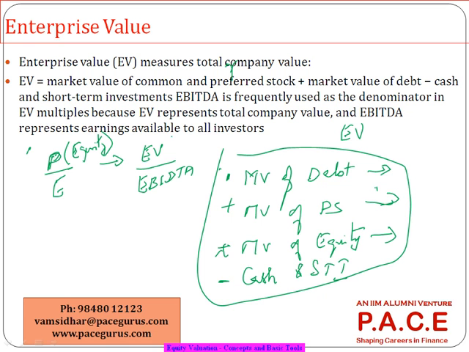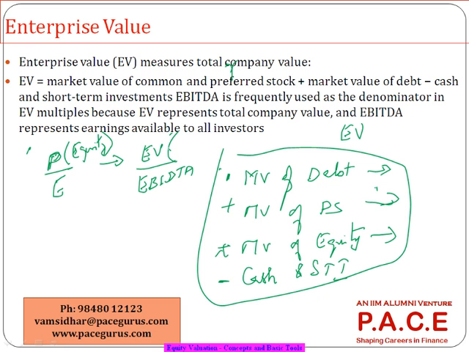But if I take it to the entire company, it is called enterprise value. The price is only the market value of the equity component. But if I bring in the debt component also, the preferred share investors, the debt investors, all other investors of the company, then we are calling it enterprise value.